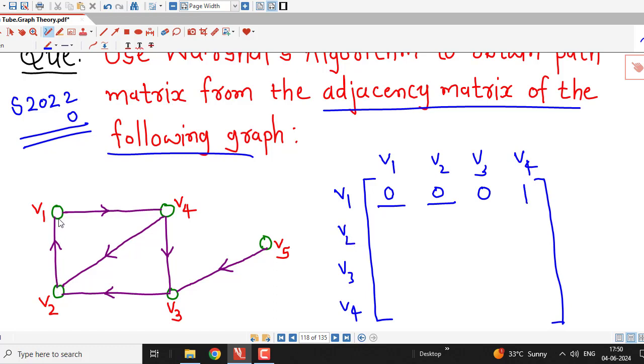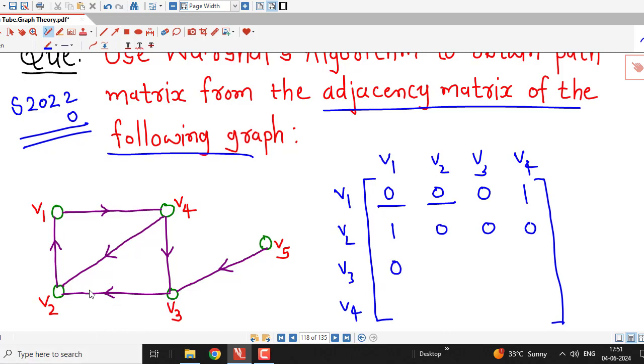Then from V2 to V1 there is one edge, so we write 1 here. There is no edge from V2 to V2. There is no edge from V2 to V3 also, and from V2 to V4 also there is no edge. Then for V3, there is no edge from V3 to V1.